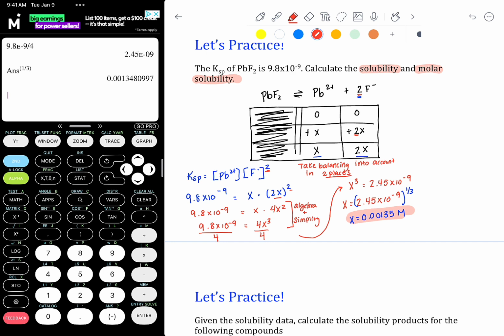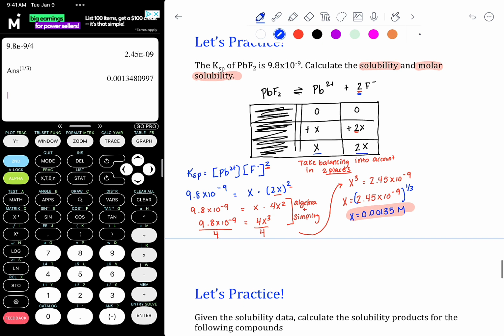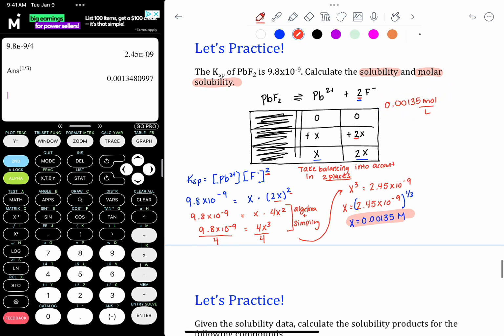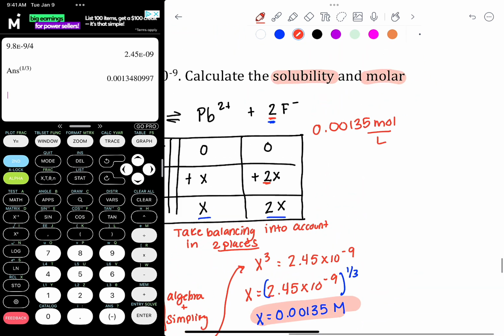Now we want to solve for the solubility. So I'm going to bring my number up here to the top. That's 0.00135 moles per liter. Just move that over to here. And then we are going to convert that to grams per liter.